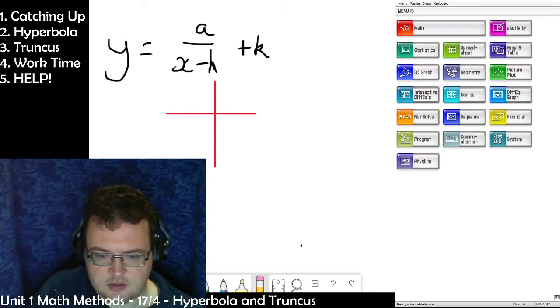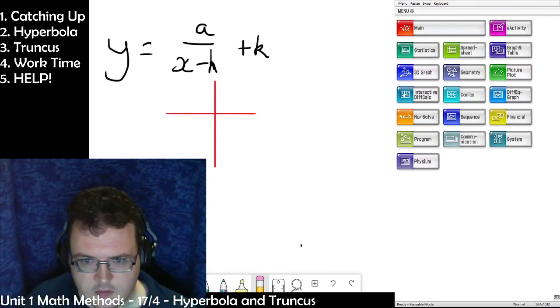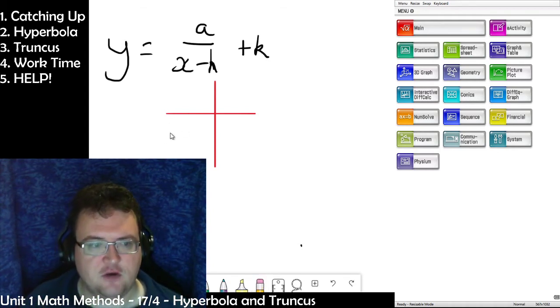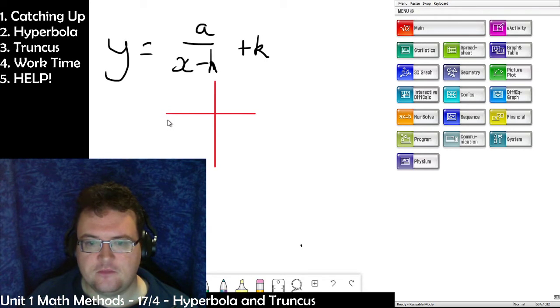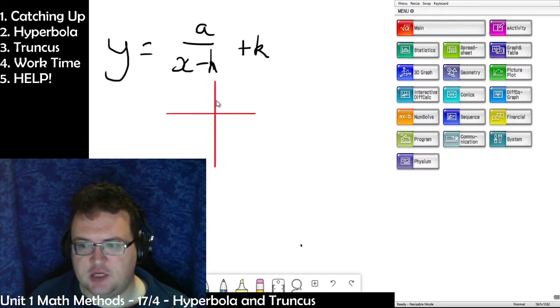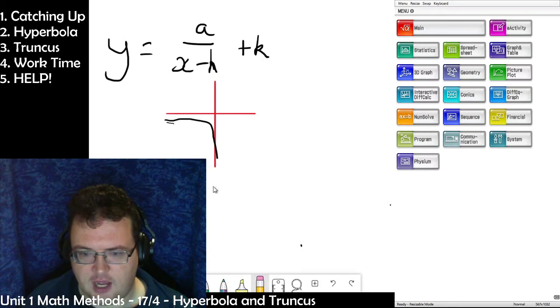Sorry, I'm still learning how to use this tablet myself. So, a over x minus h plus k. The graph will look something, oh wow, that I really cannot draw with this thing.